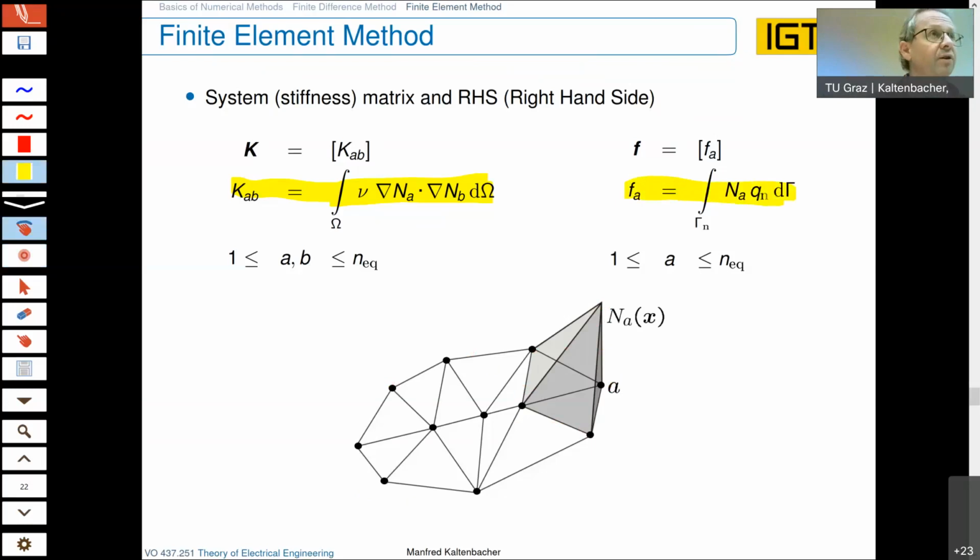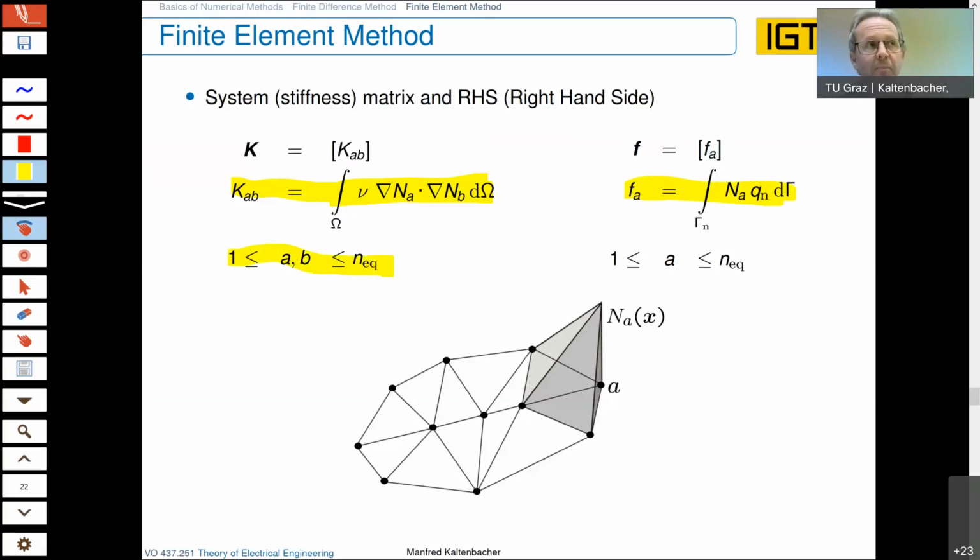It's even easier. It is a vector. You just have to evaluate your basis function at all the nodes when you integrate over the surface gamma N and scale it with your flux. Well, what you see, we have to do it for all indices A and B for all the nodes where we have an equation.